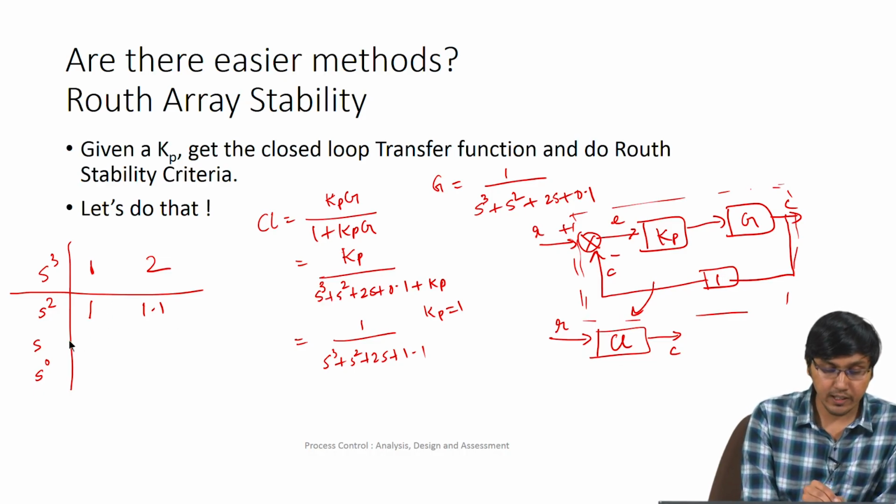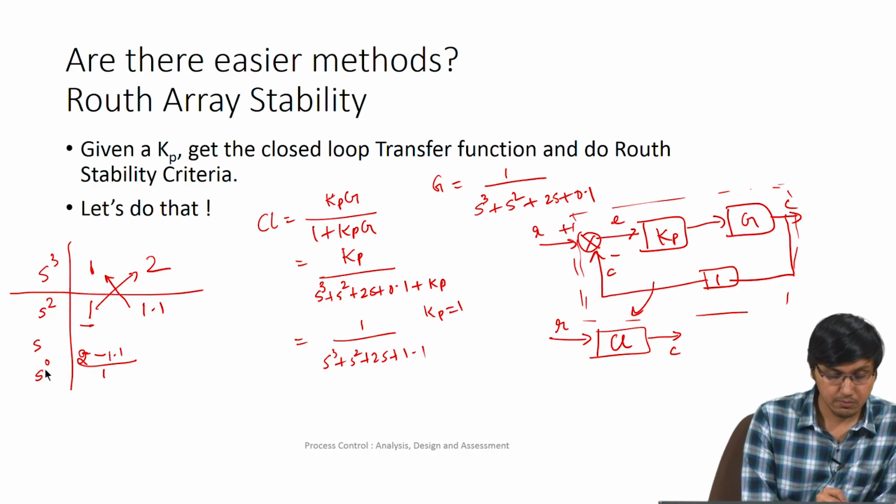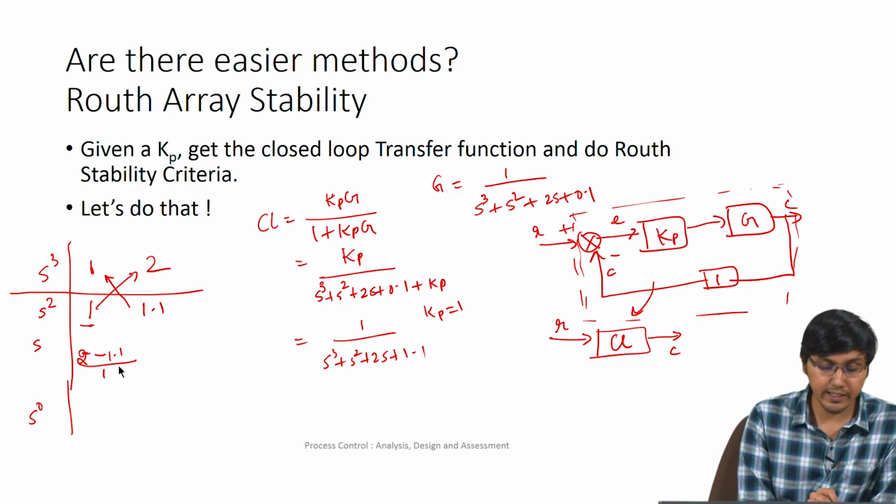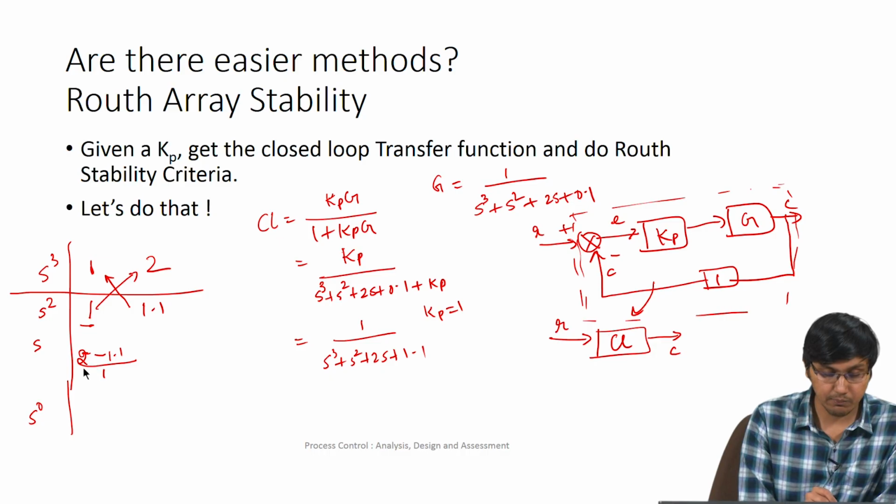Now the first term here, we are going to frame by cross multiplying, so 2 minus 1.1 divided by 1. So let us put this down here. What is the value of this? 2 minus 1.1 by 1, which is nothing but 0.9, right. So, 0.9.